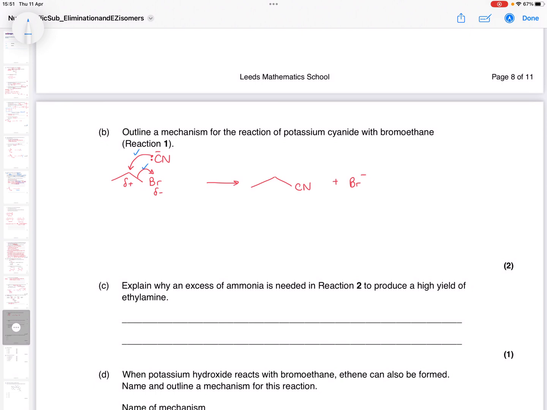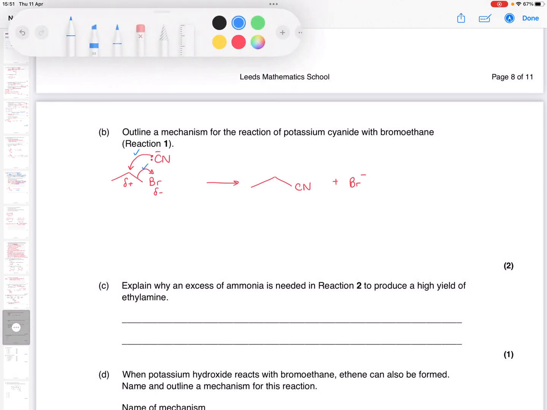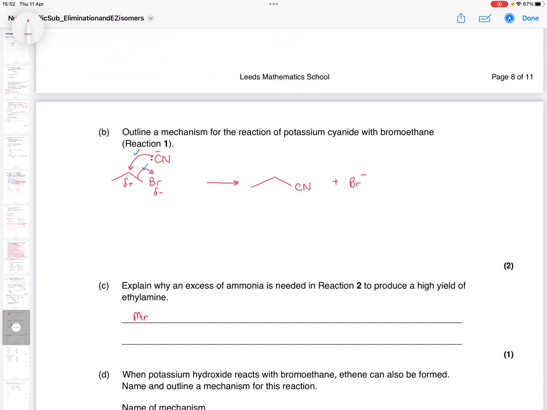Explain why an excess of ammonia is needed in reaction 2 to produce a high yield of ethylamine. So this is to minimise the chance of further substitution.